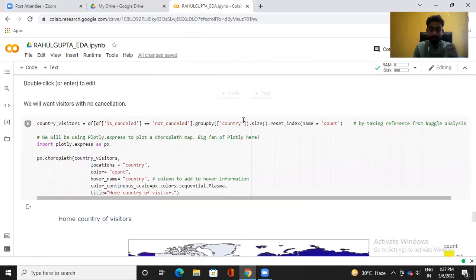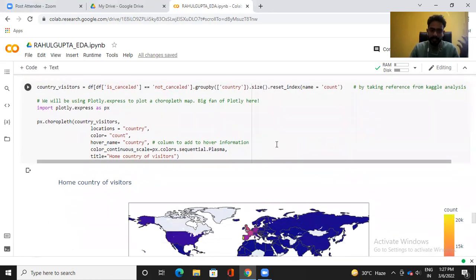Then another important thing is from which country people are coming, and according to that we will plan, like different languages and different cultures. According to that we may organize some events and decorate the hotel for more customers.